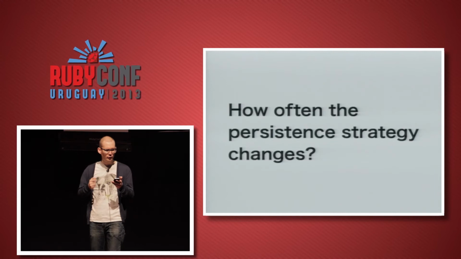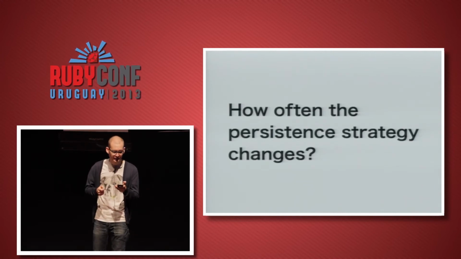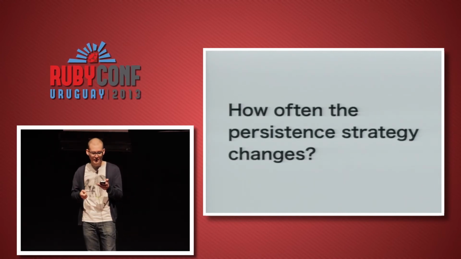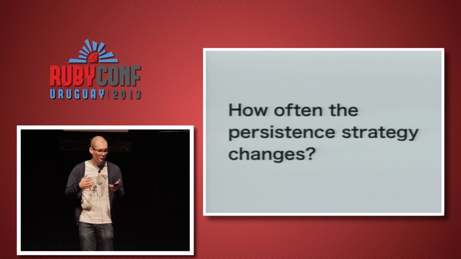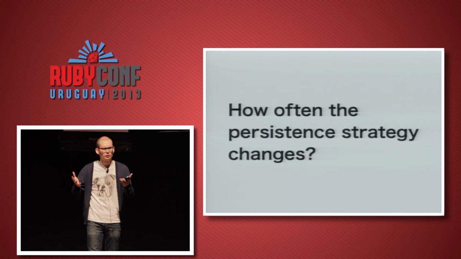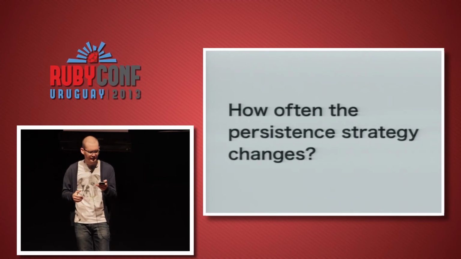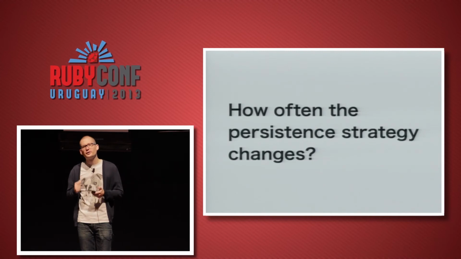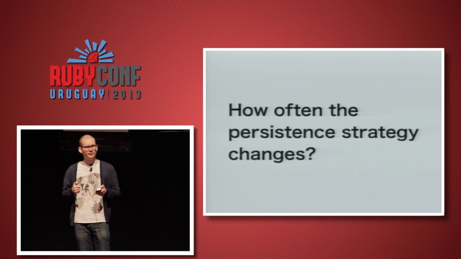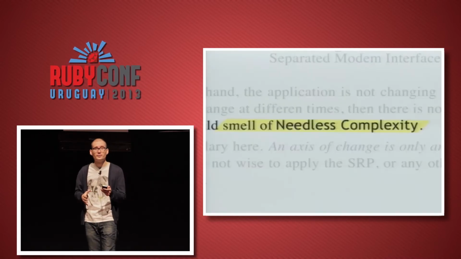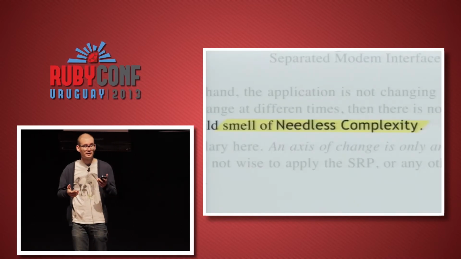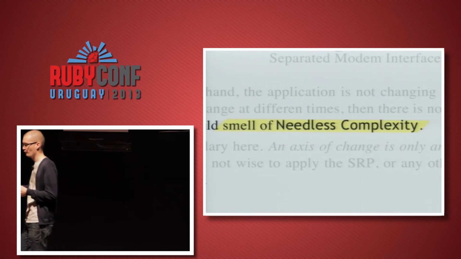How often do we expect the persistence strategy of our application to change? How often do we expect to switch from MySQL to Mongo or to Redis or an external service? If this is something that we expect to happen only rarely, I wonder if prematurely separating persistence from other responsibilities wouldn't be a smell of needless complexity.